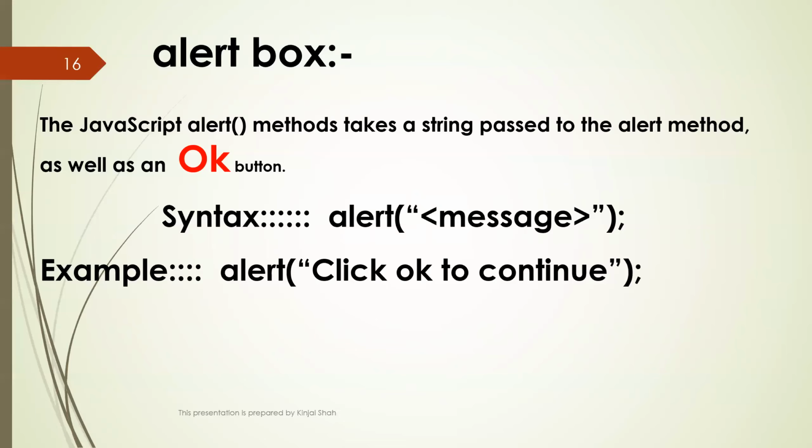So let's say accept, okay, next, anything like that. It's an alert box which alerts you about the action you are going to take on the next page, that you are going to complete this transaction.